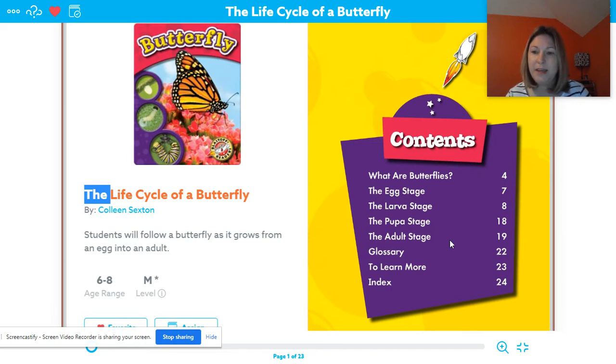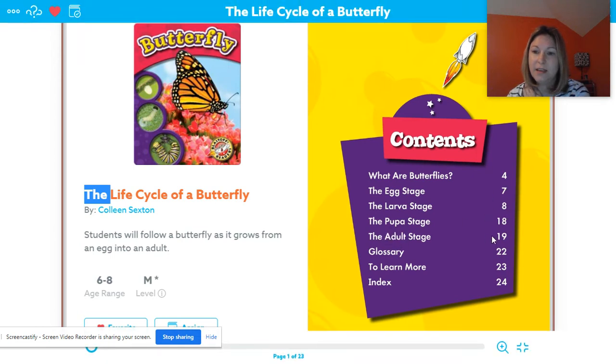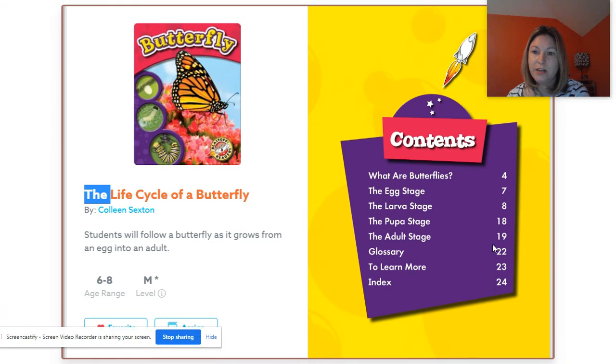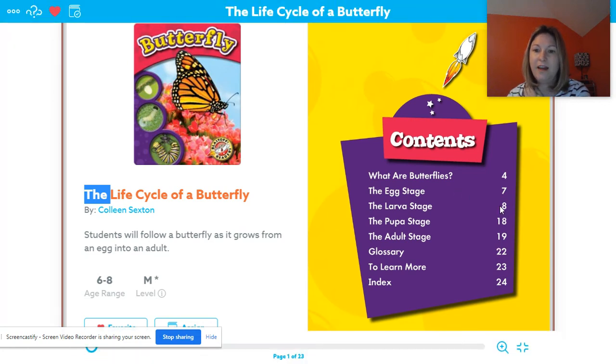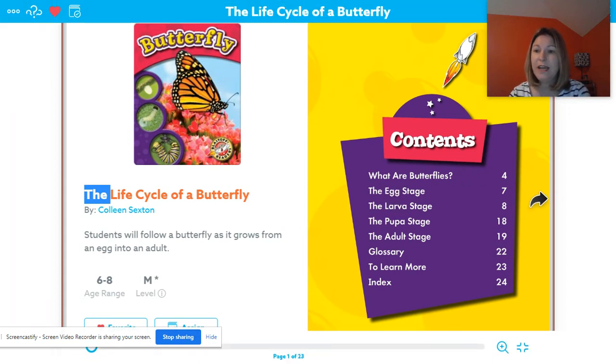So when I'm looking at the pages, it looks to me like the longest chapter would probably be the larva stage because it starts on page 8 and it continues until page 17. Let's say 19 to 22. Yep, I think the larva stage would be the longest chapter. So now I'm going to go ahead and pick up where we left off, and I'll continue reading the rest of the book.